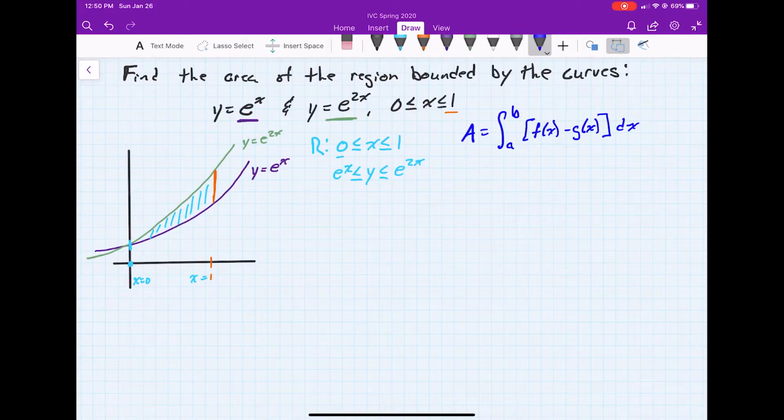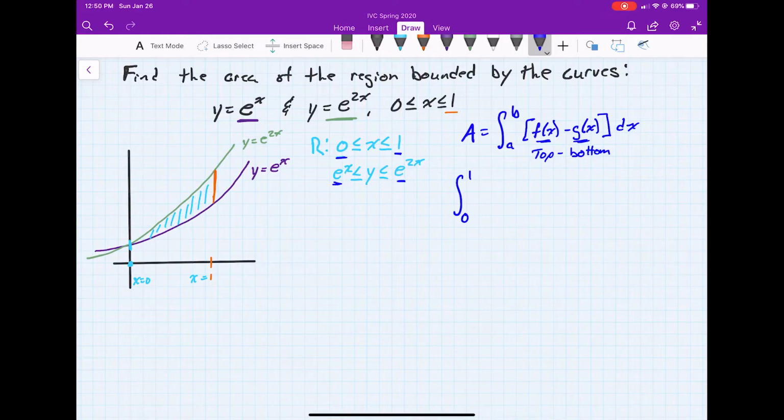Now, what is f of x and g of x in this problem? Well, really we can think of these as top minus bottom. So we got our top here and our bottom here. Whatever the top part is will be our f of x for this example, and our bottom is going to be g of x, or the other function. So now that we've defined our region, it's easy for us to write our integral from 0 to 1, and I'm getting those numbers from here and here.